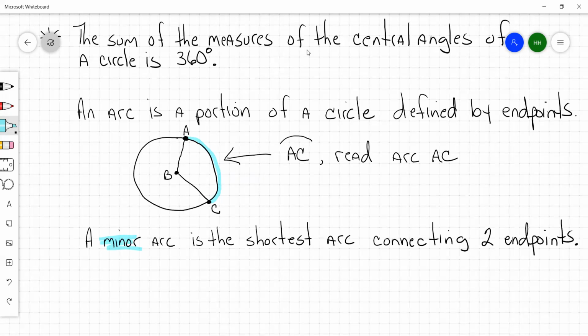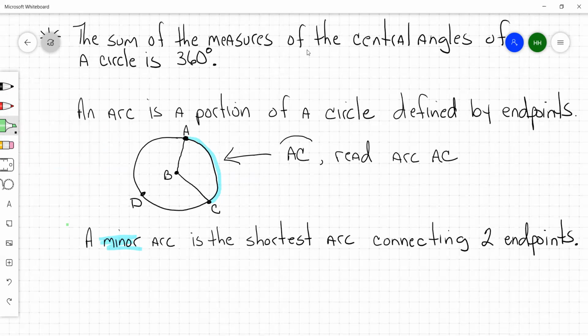Now, if there's a point, let's put point D over here on the other side. And we're going to change the color here to green. All right.